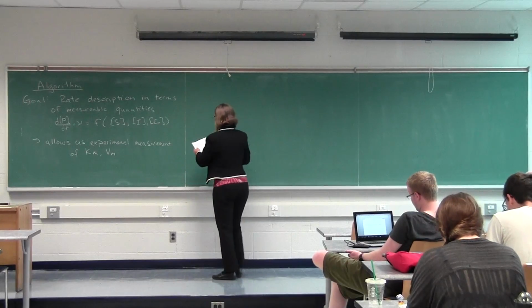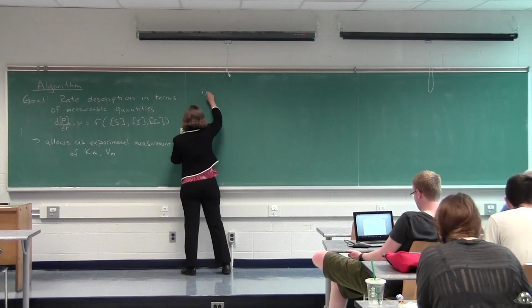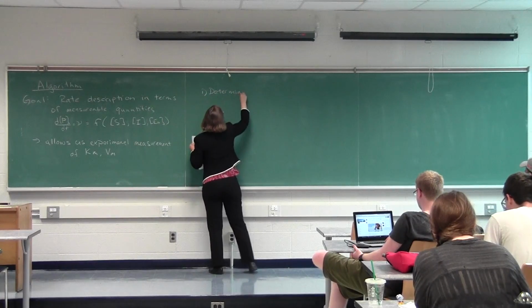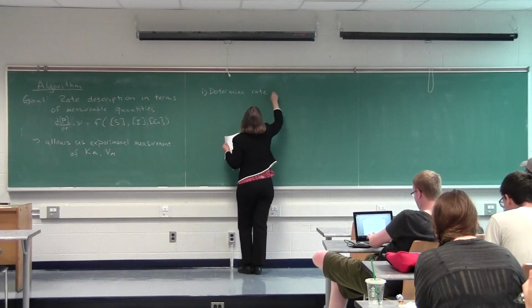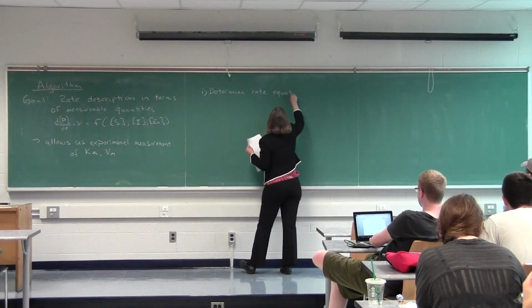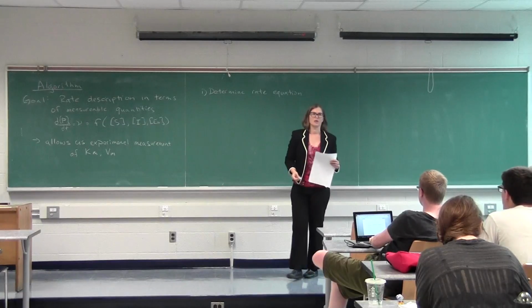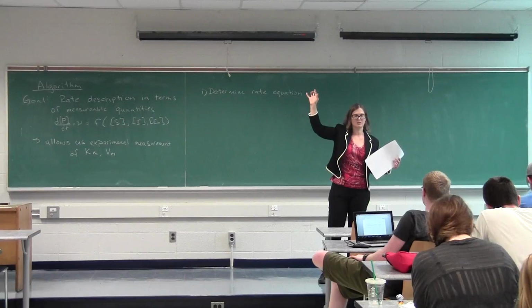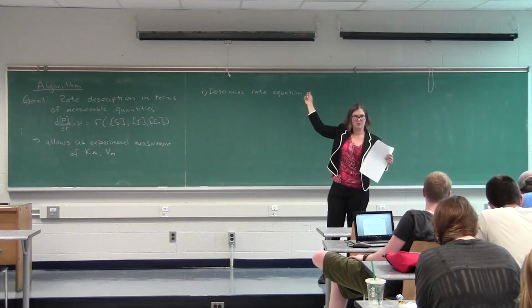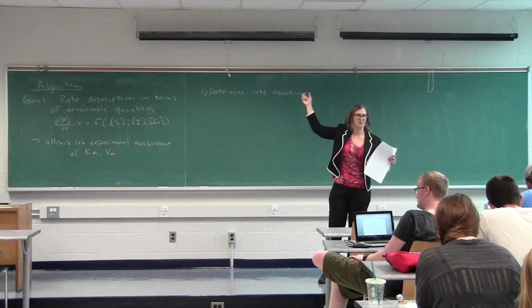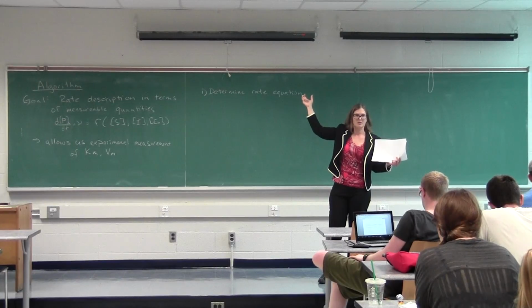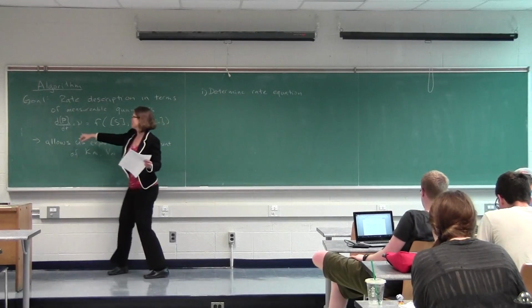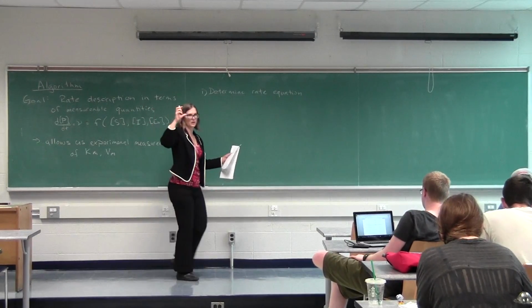Okay, so the first thing we do to do that is we determine our rate equation. So usually the rate equation is based on the very last part. So you've got your goes to product, part of the product plus enzyme, part of the equation. So we're trying to figure out what the rate of product formation is in terms of that last part of the equation.